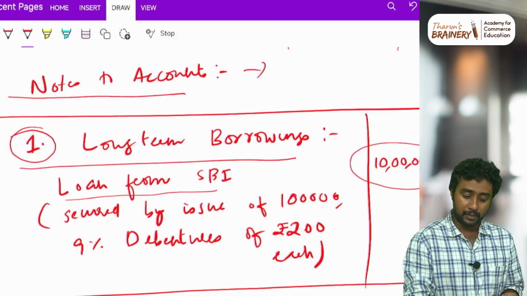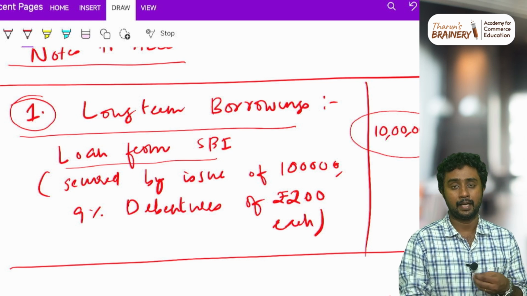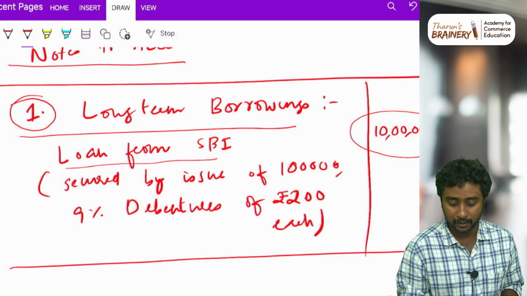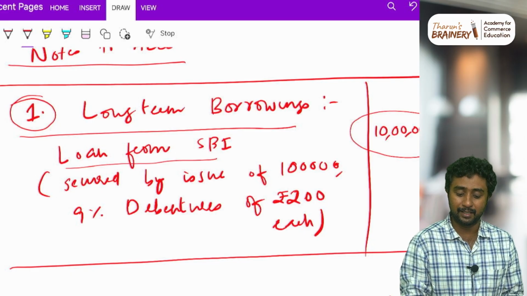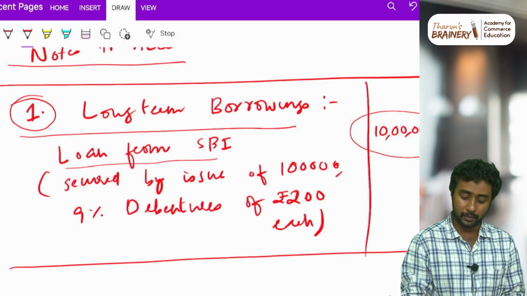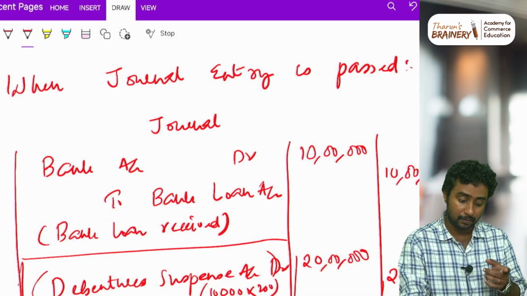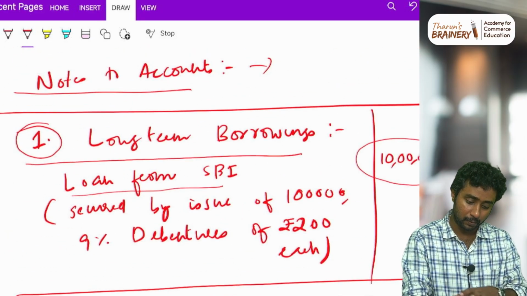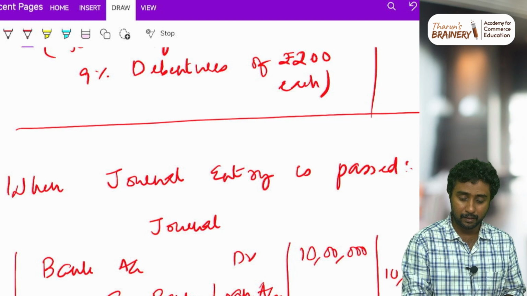In notes to accounts, you write what contributes to that 10 lakh, which is the loan from SBI, and in brackets you mention secured by issue of 10,000 9% debentures of rupees 200 each. We will be showing that.